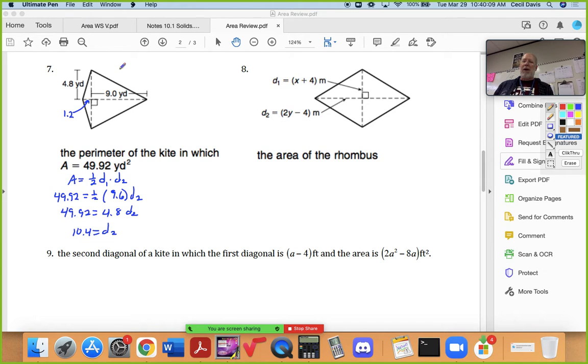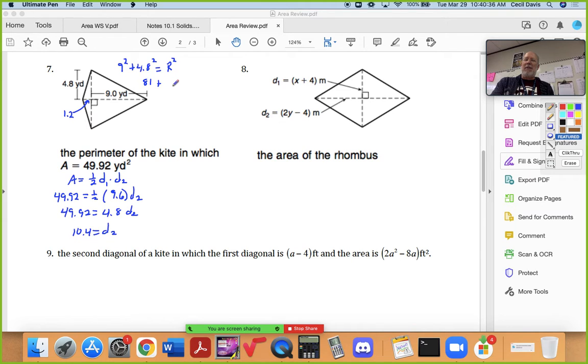So for the one on the right, it's going to be 9 squared plus 4.8 squared is equal to, I'll call it r squared because it's the one on the right. Let's see, that's going to be 81 plus 4.8 squared.